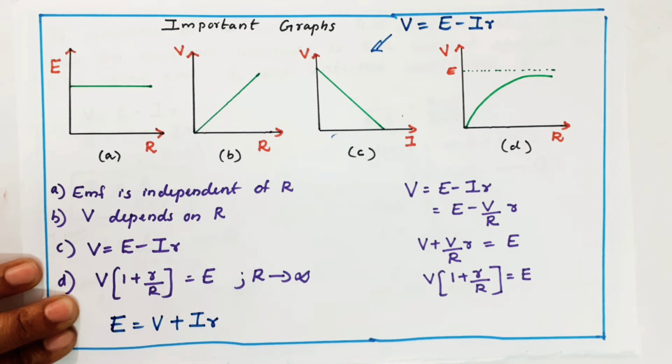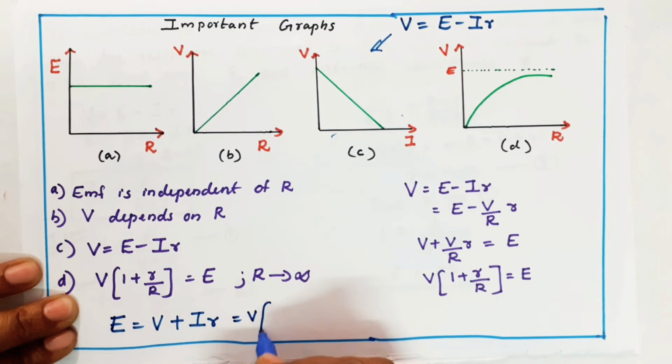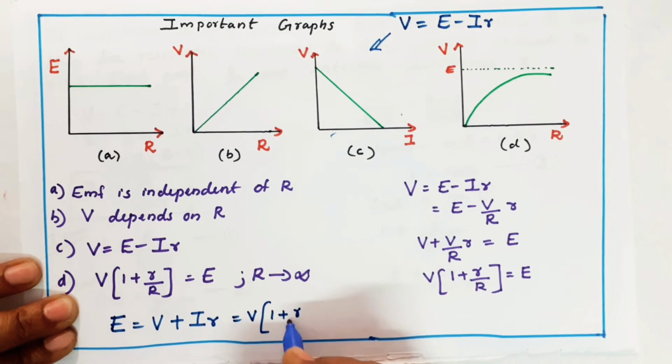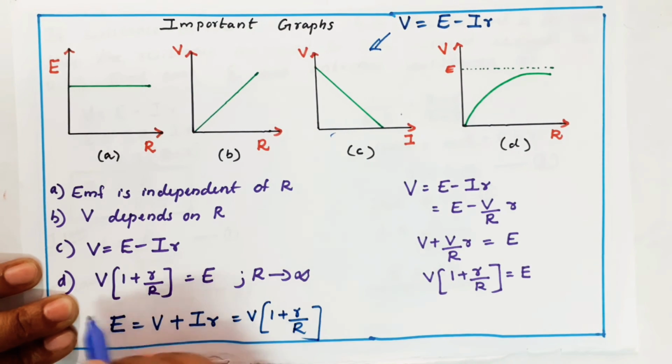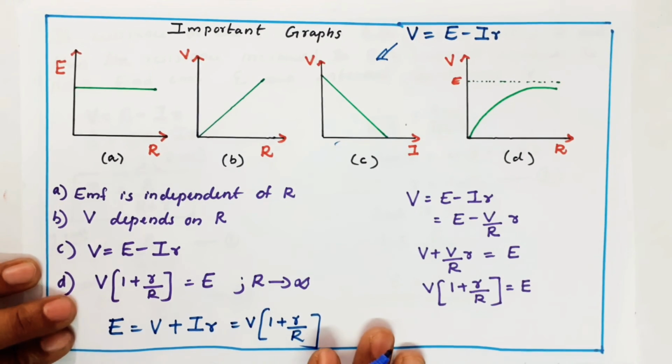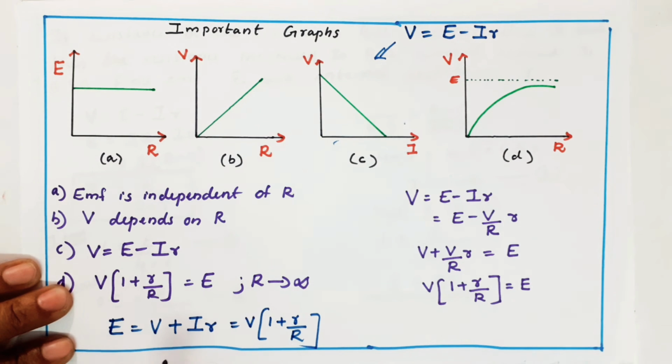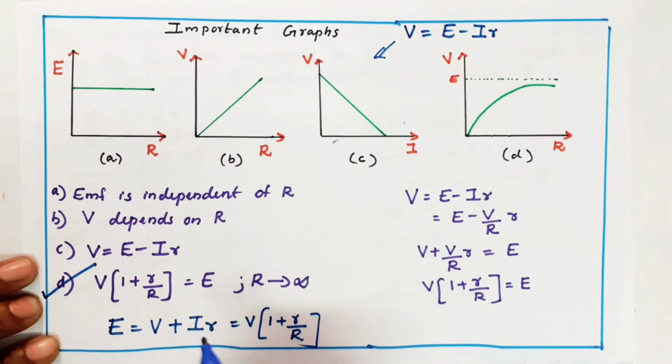Then I take V as common, and we know that I is equal to V by R. So if you take V common, it will be 1 plus R by R. So V plus IR becomes V into 1 plus R by R, and your equation becomes V into 1 plus R by R equals E.